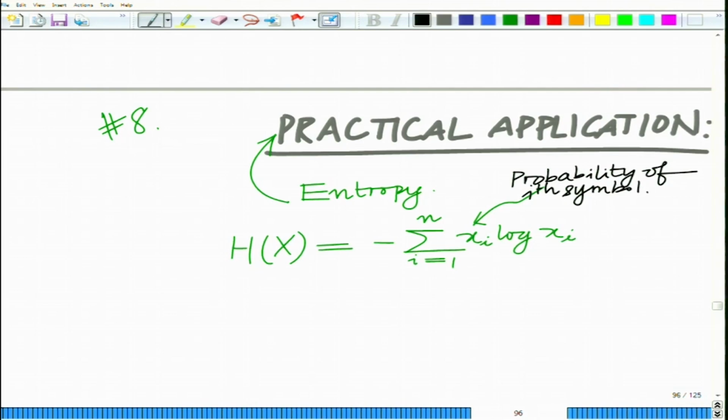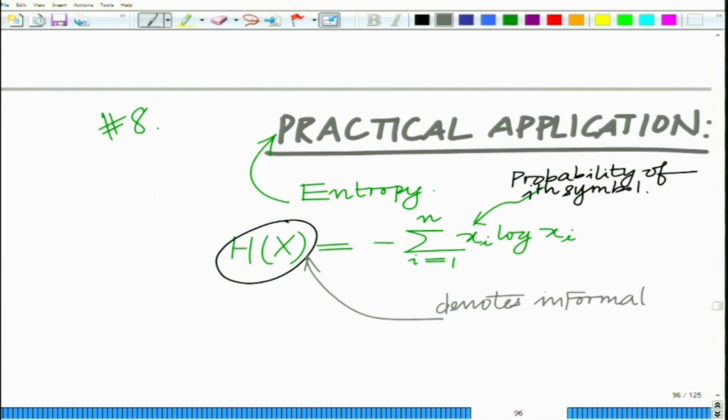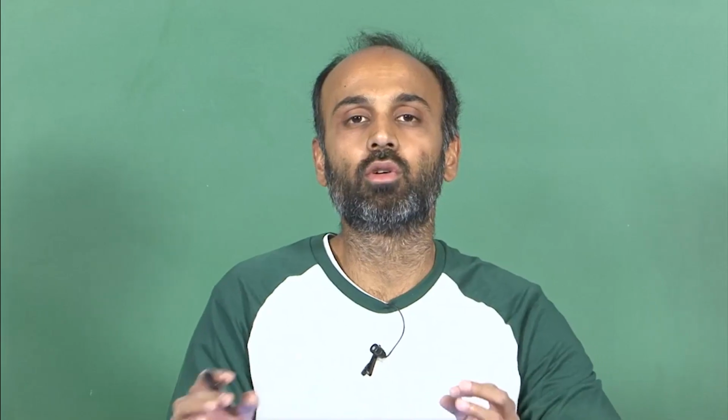This entropy denotes the information content of the source, that is, given a source with n symbols which have probabilities x1, x2 up to xn, the average information content per symbol of this source is given by the entropy, that is minus summation xi log of xi.